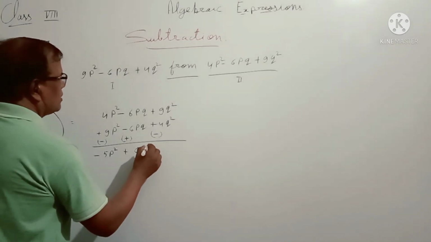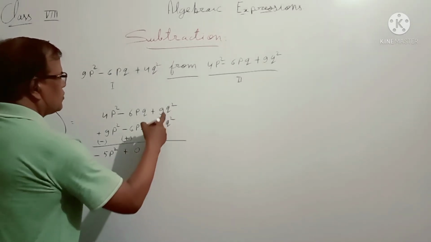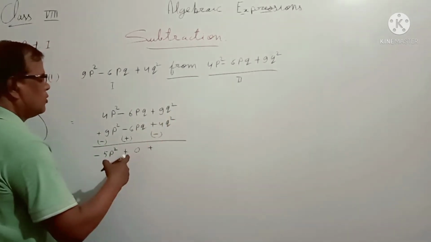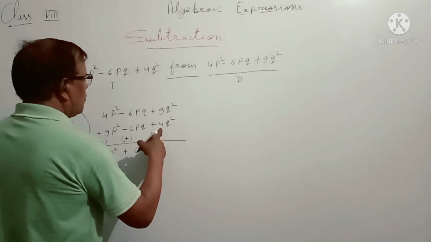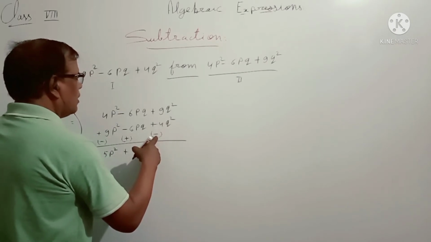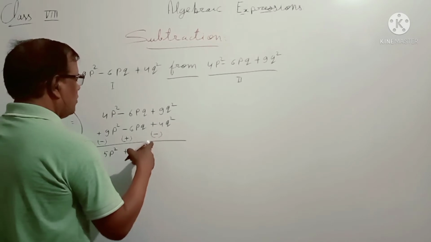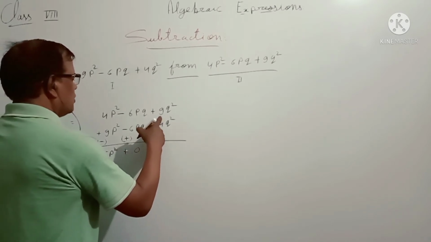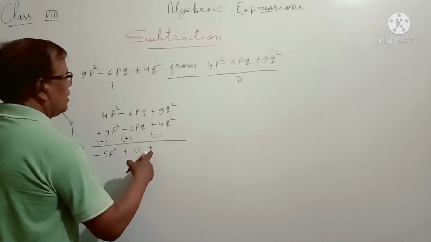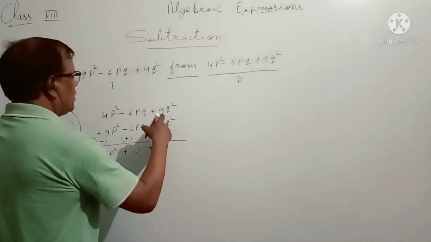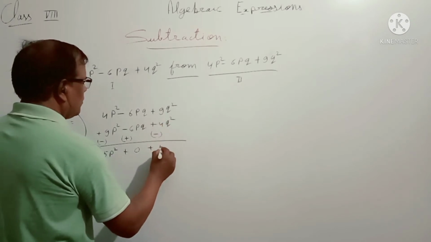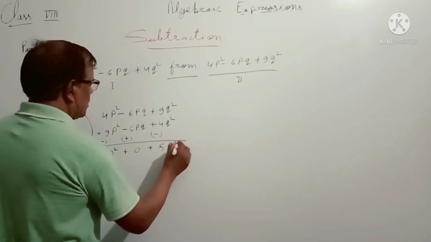Next we see which value is greater. 9q square is positive and 4q square is now negative. So the negative value is smaller and the positive value is greater. So we put a positive sign and find the difference, 9 minus 4, it will be 5q square.